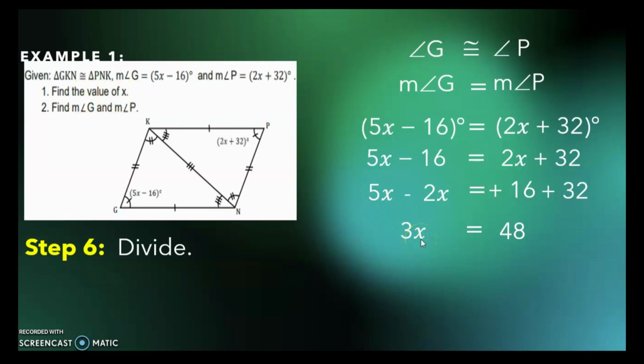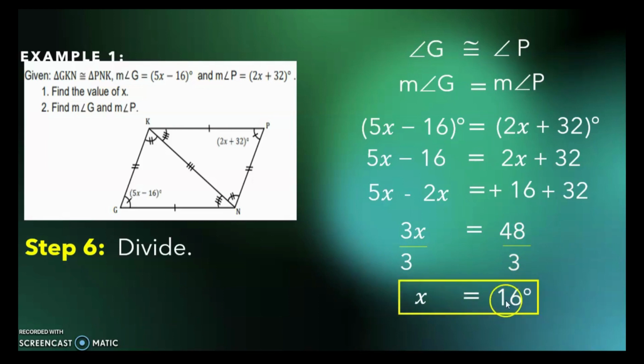So, we divide by 3, and also the other side. Whatever we divide on the left side, we also divide on the right side, by the division property of equality. 3 divided by 3 is 1x, or x, equals 48 divided by 3, which is 16 degrees. So, the value of x is 16 degrees.